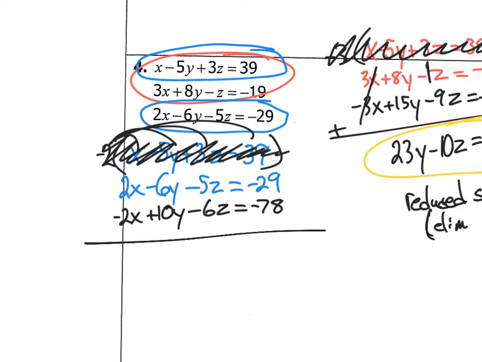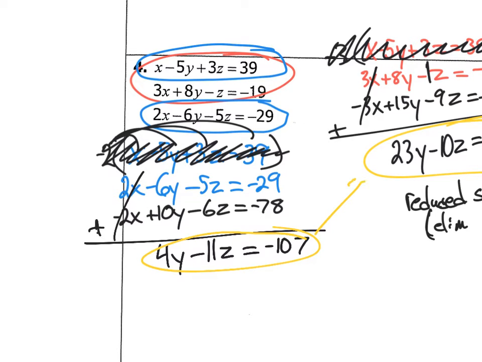Now I'm going to add these two together. The x's are going to cancel out. I'm left with 4y minus 11z equals -107. And this is my other reduced system. The reason is because I have eliminated the x's.